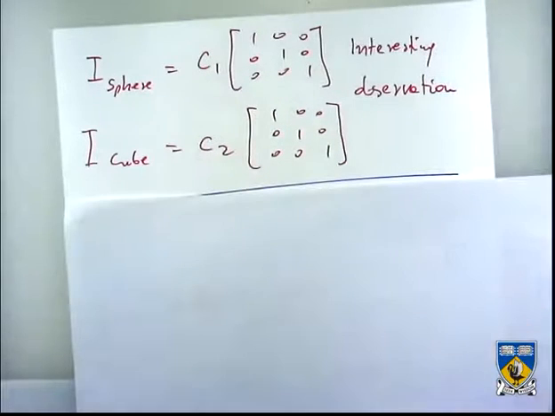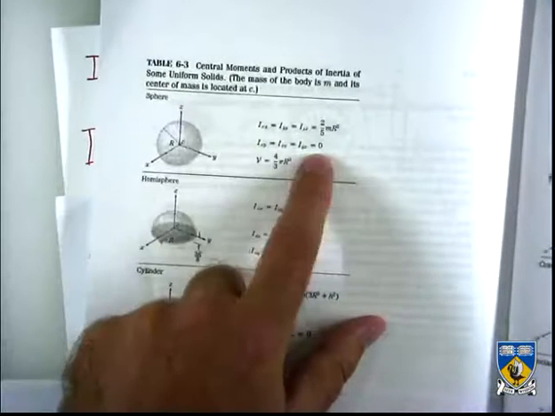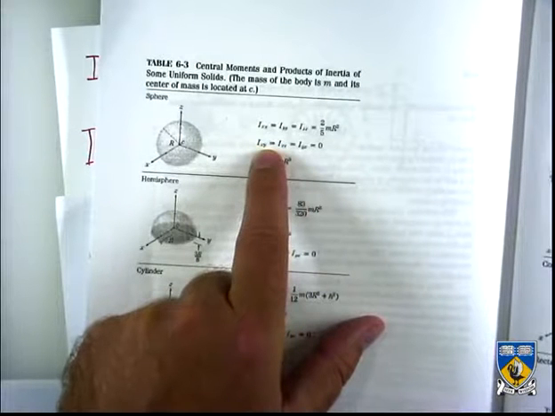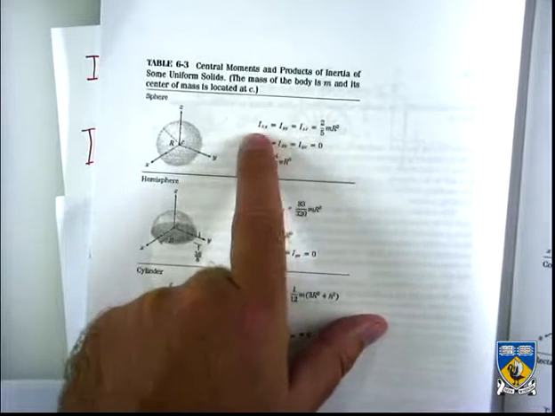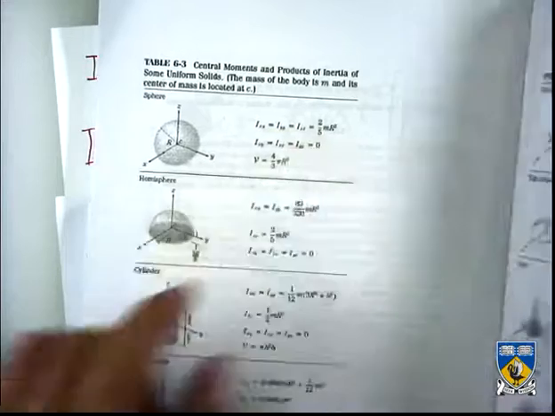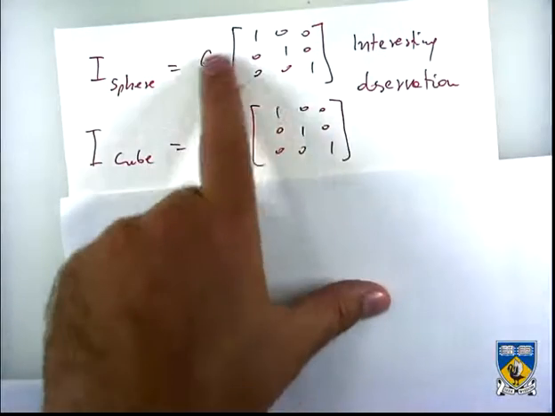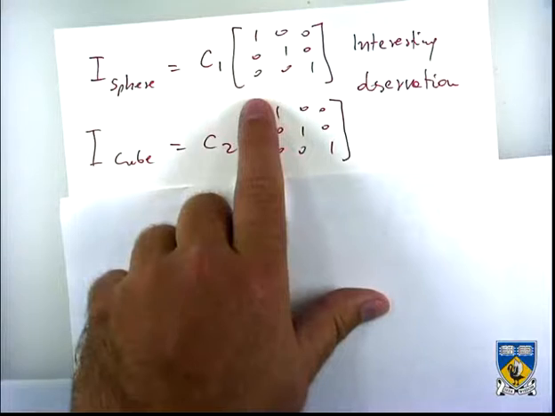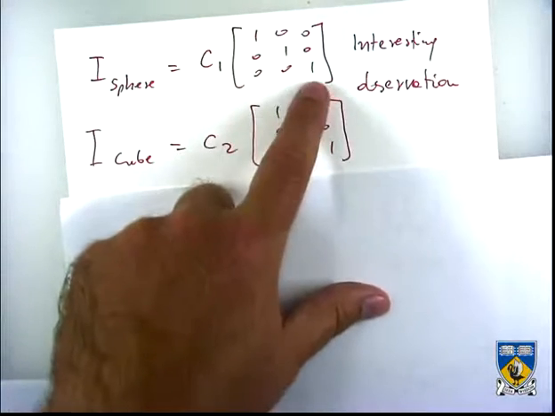Now, another interesting observation, if we have a look in our handout at the matrix of inertia for the sphere and the cube. So, of course, the sphere is symmetrical, so all products of inertia go away, and this is the value for the actual number popping up on the diagonal.